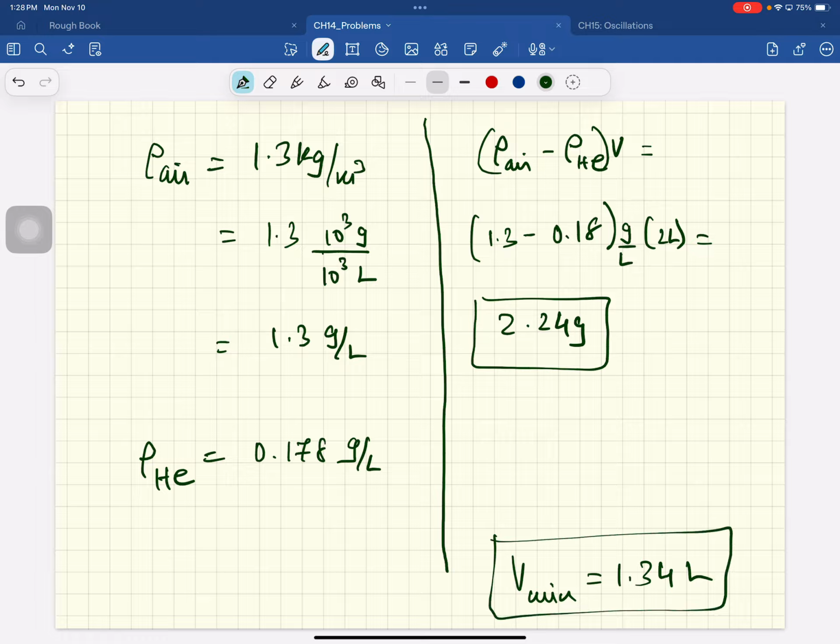So the minimum volume of the balloon needs to be 1.34 liters. So you need to fill more helium than that for it to rise. Did you guys understand that?